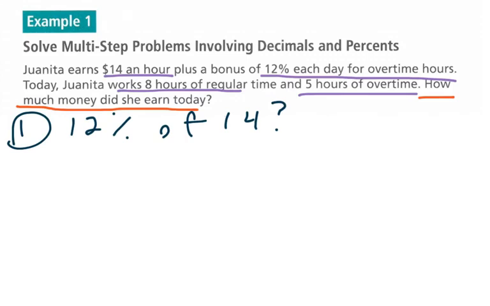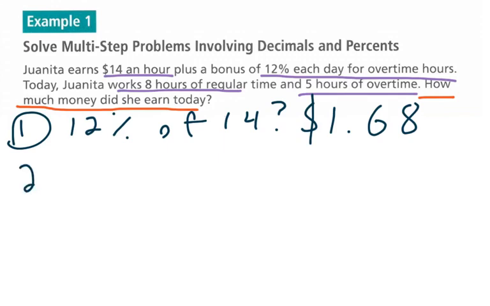So again, you can just go on your calculator and multiply 14 times 12%. And that gives you $1.68. So that means that she is earning $1.68 for every hour that she's working overtime. So she worked, today she works 8 hours of regular time and 5 hours of overtime. How much money did she earn today?